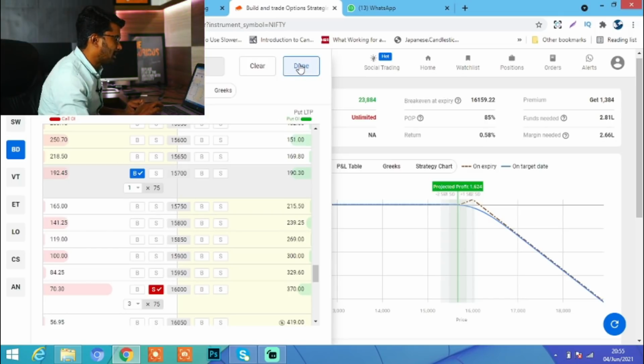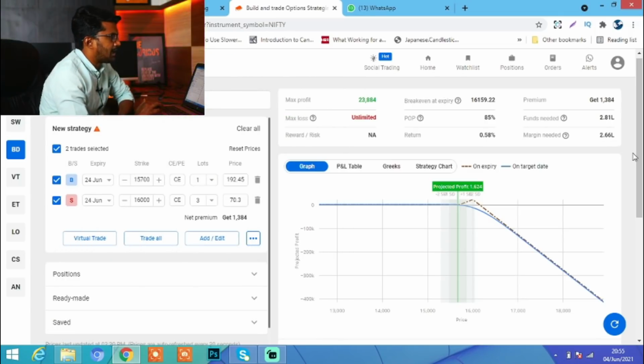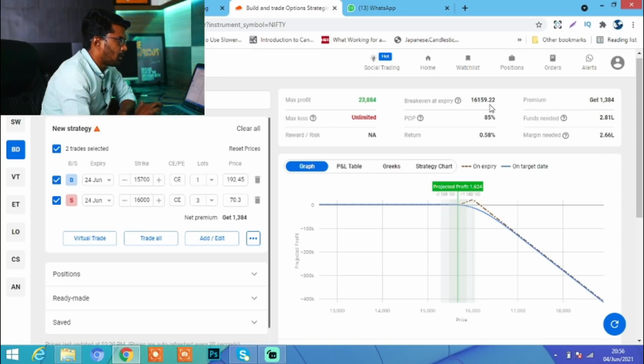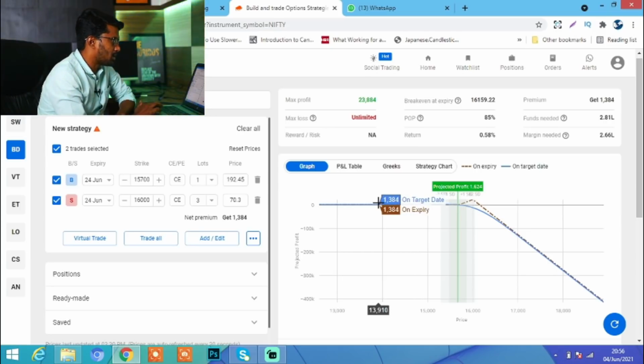now it is going to be a credit transaction and I am going to get 1,884 rupees. Now if the market goes beyond 16,000, say 150 points more, you are going to be in a loss. And if the market goes down, you don't have to worry because you will exit the trade with a minimal loss.